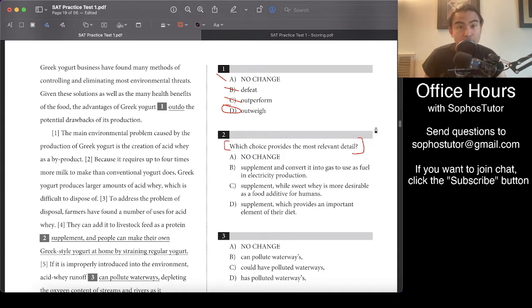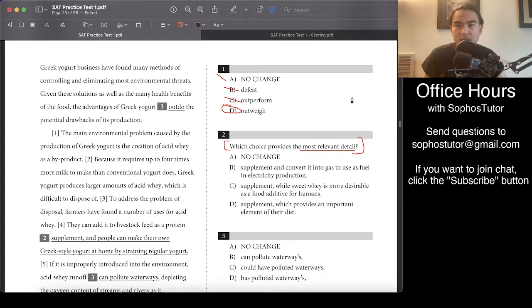So I want to pay extra special attention to these words in the question, in this case, most relevant detail. So this is a question involving writing style. So immediately, the first question that comes up is, what denotes a relevant detail, and what makes it the most relevant? Now, if you recall in my discussions in other SAT videos, the SAT very much thinks in terms of objective black and white situations.